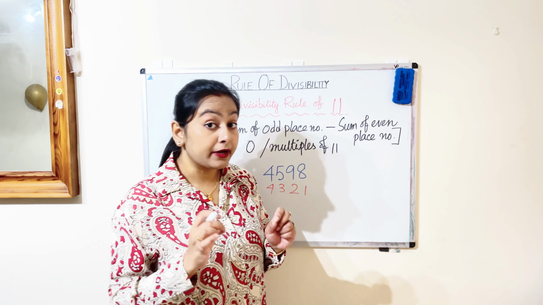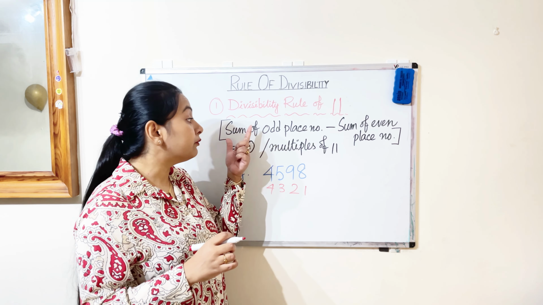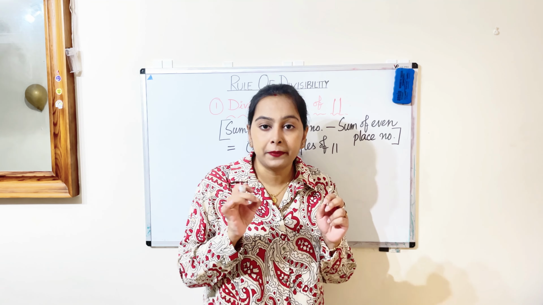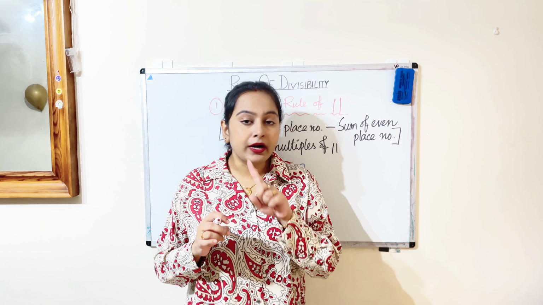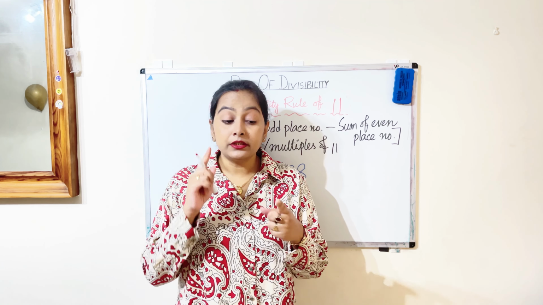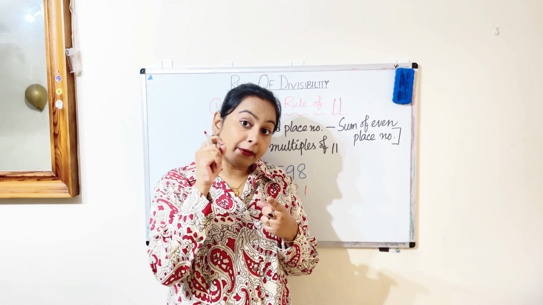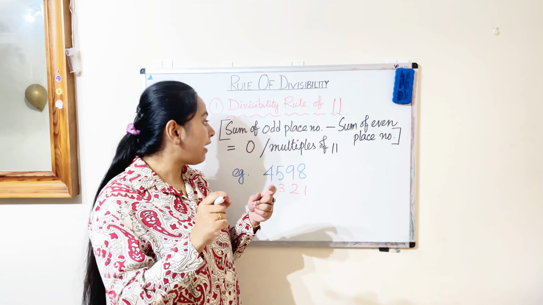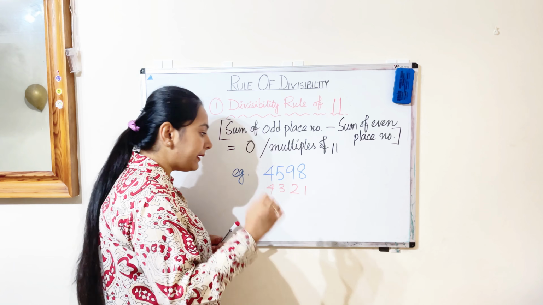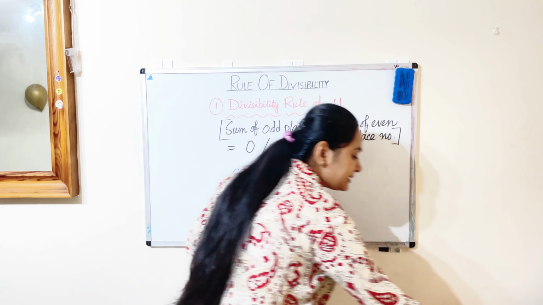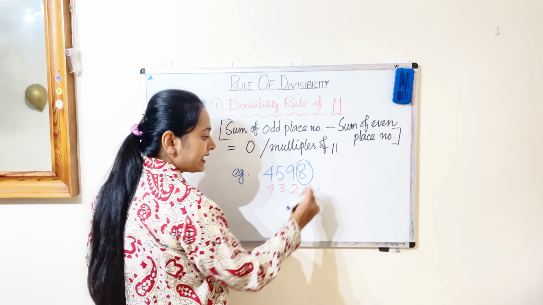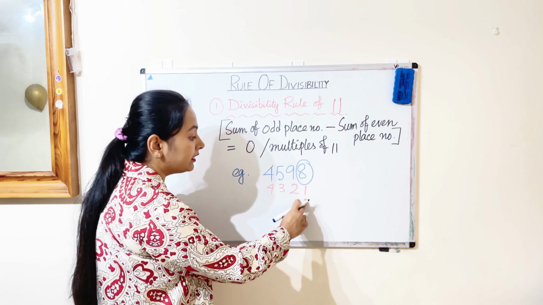Now listen to me carefully. We have to find the sum of the odd place digits. I am not talking about odd numbers or even numbers, I am talking about the particular place, right? So what are the odd place digits here? 8 is at the odd place because it is at the first position, and we take the alternate one.